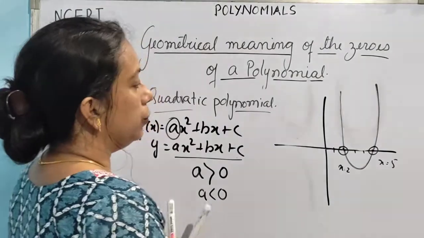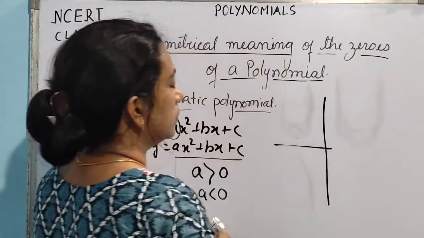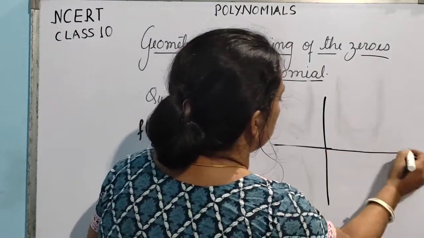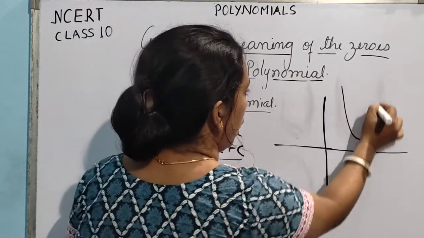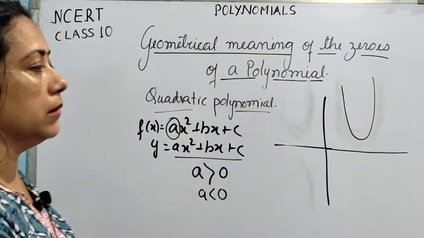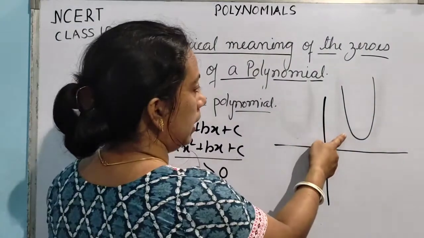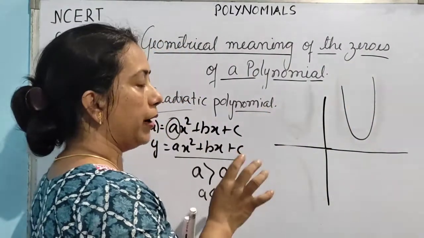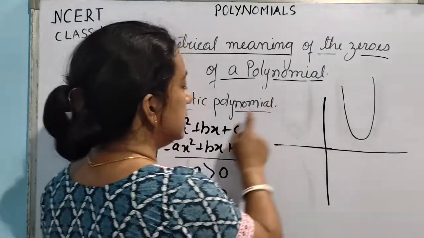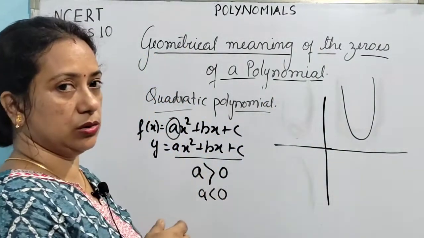Now you may think that there may be a case where it is not intersecting. In that case, what will happen? If your parabola is not intersecting the x-axis at any point, it means that this particular polynomial doesn't have any real zeros.